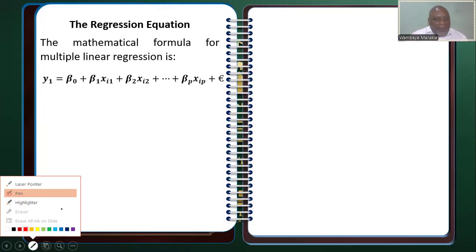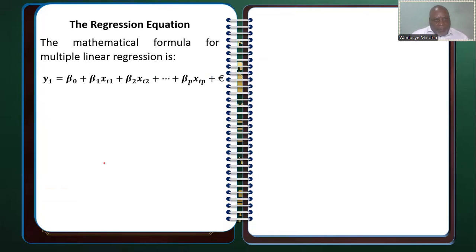If you are having 6 variables, then this last number will be 6. If you are having 12, then this last number p will be equal to 12. But the last term is the error.